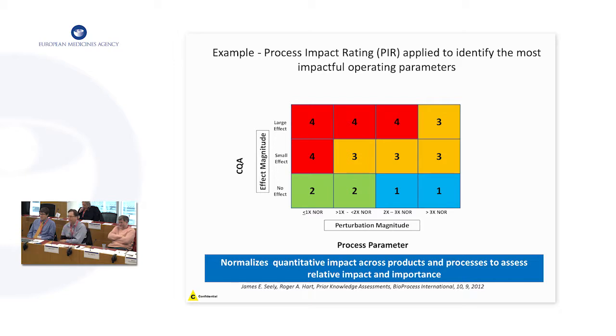And obviously, if something has a large effect on a CQA over limited range of process parameter variation, that's going to be high risk. If it has no effect over a large range of process parameter perturbation, it's going to be low risk, and there's various degrees in between.